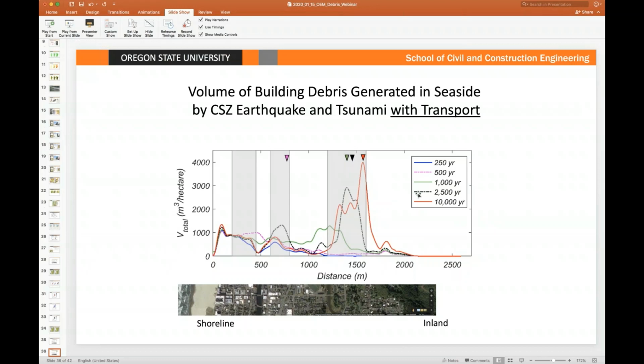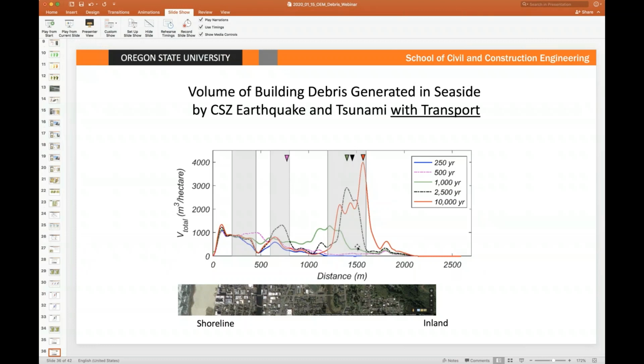That would be close to the large or extra large event, if you're familiar with the Dogami nomenclature. So this would be a really large event, and this black arrow at the top kind of shows the mean inundation line, and then you can see that the accumulated debris is really close to that inundation line.